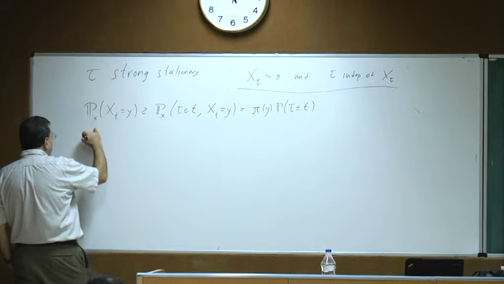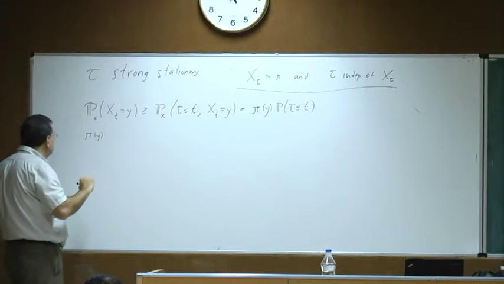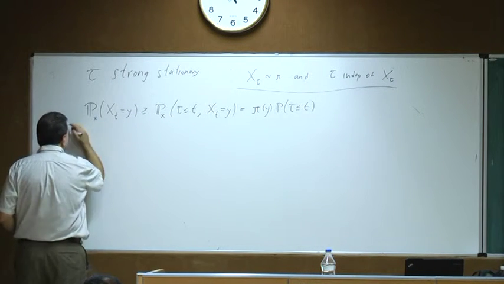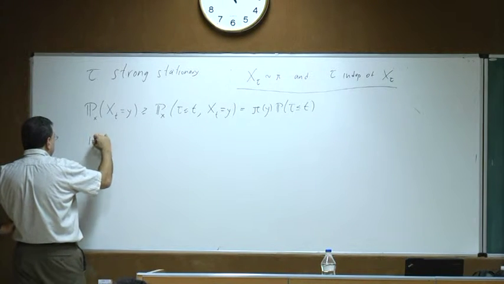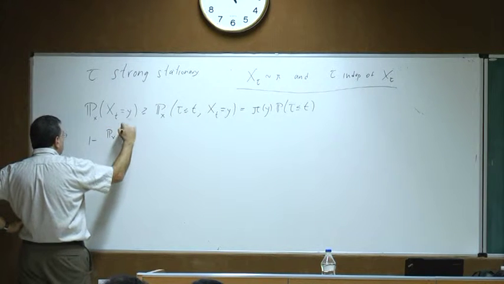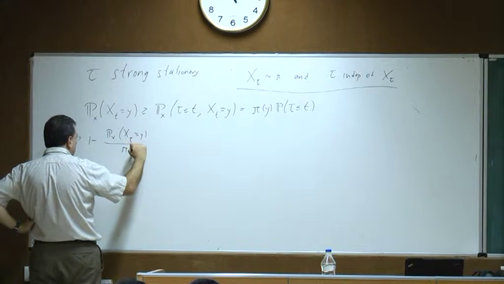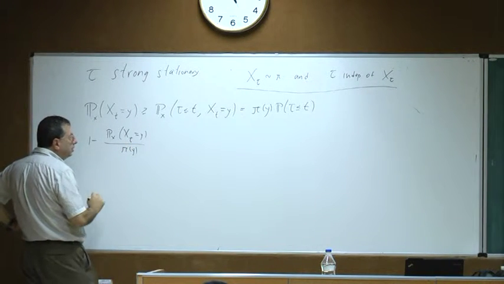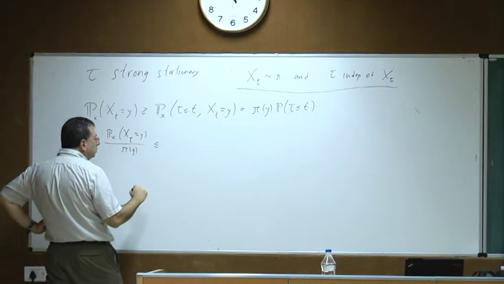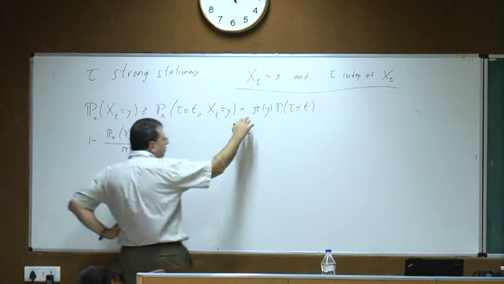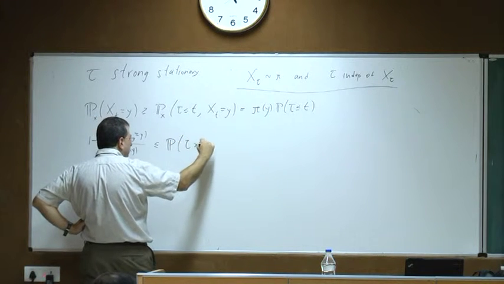So if I now look at the difference, pi of y, and divide by it, this difference is at most 1 minus this probability, which is just the probability of tau bigger than t.